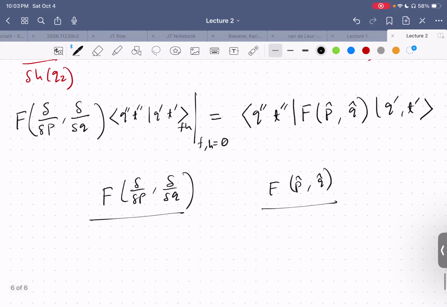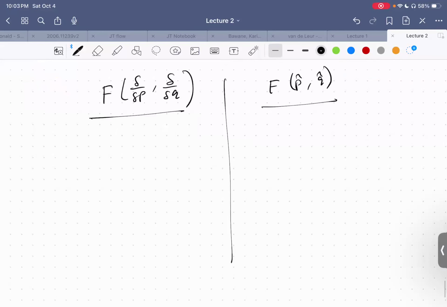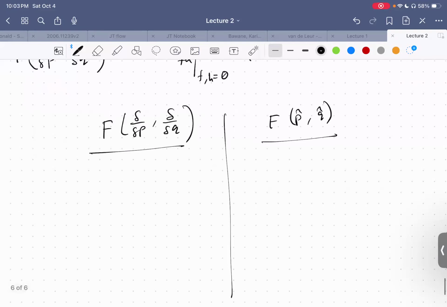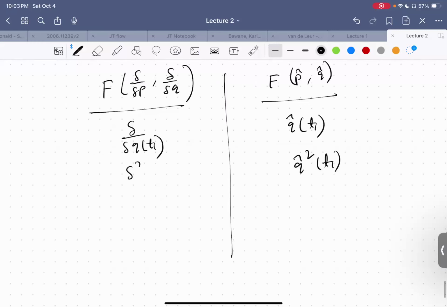So let's make a table. So maybe the operator that you want is just q hat at t1. Then the thing that you insert here is just the derivative with respect to q at t1. If the operator is q hat square at t1, then it's the second derivative.